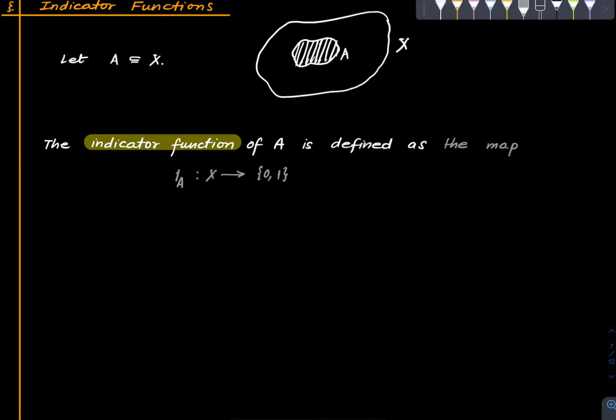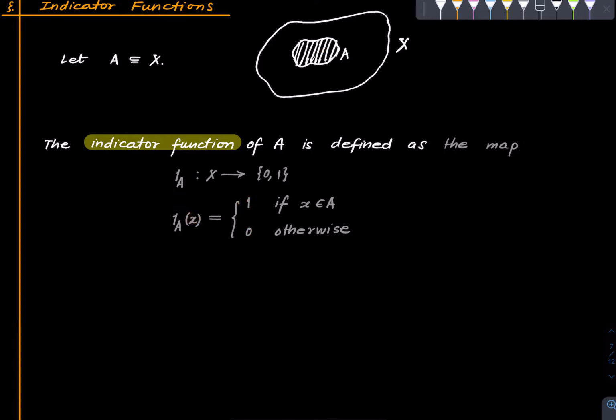So this indicator function is defined as: if little x comes from the set A, then you output 1, otherwise you output 0.